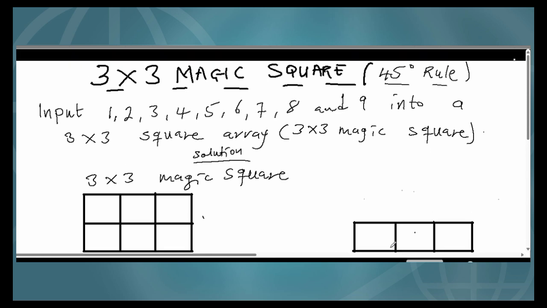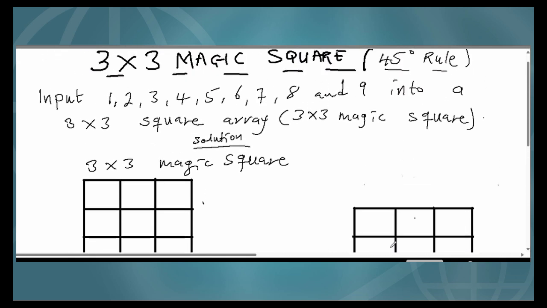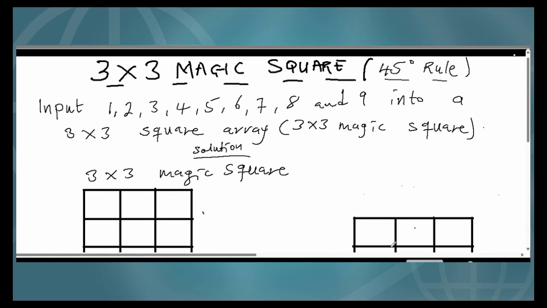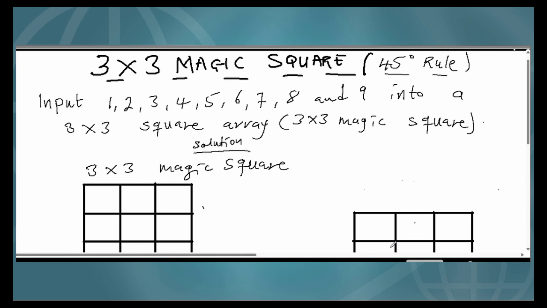And if we're talking of a 3 by 3 magic square, that is where we input the values given to us in a square array such that the sum of each of the rows, the columns, and the diagonals of our square are always going to be identical or the same, right? Such that we have a magic constant. That is what we're going to do.